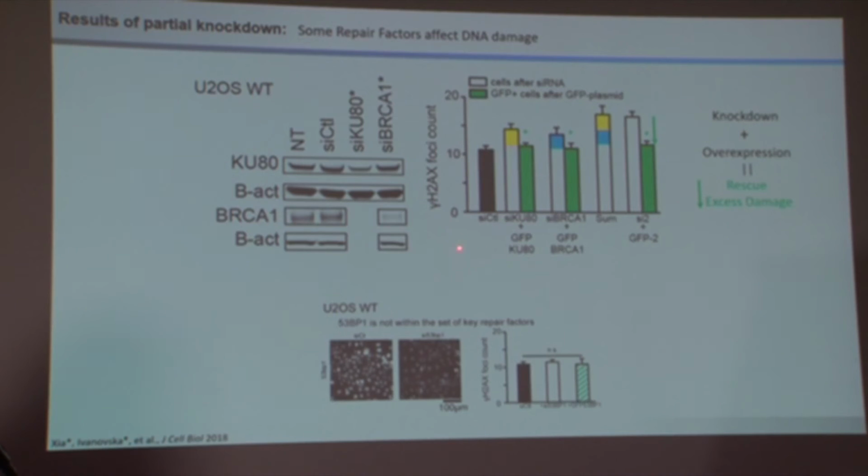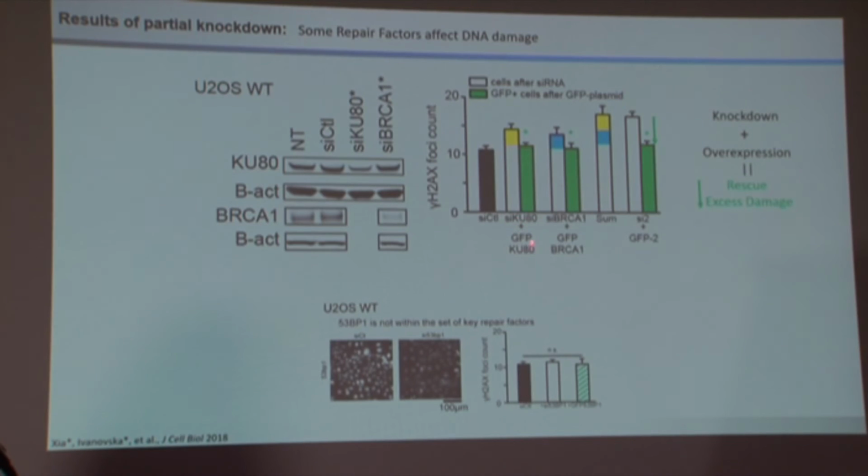These are some data from experiments that we did with the idea of rescue. We knocked down several repair factors, and then we overexpressed them to see if we can rescue. Only 53BP1 shows no significant difference, even if we knock it down or overexpress it.